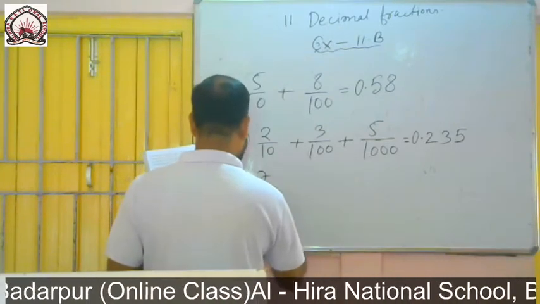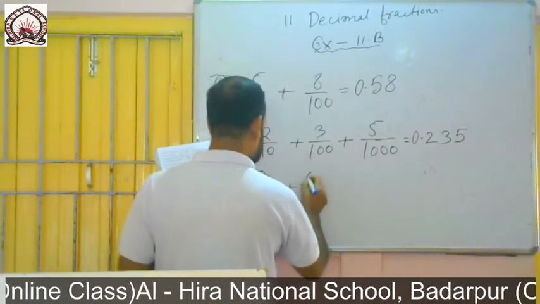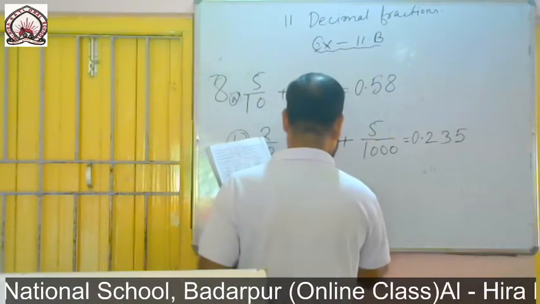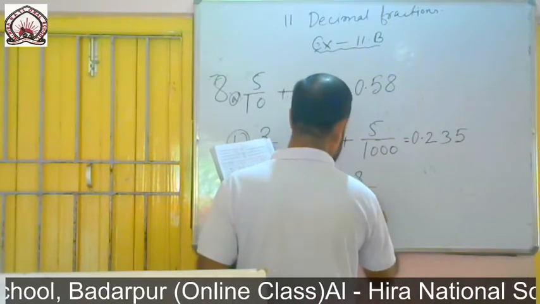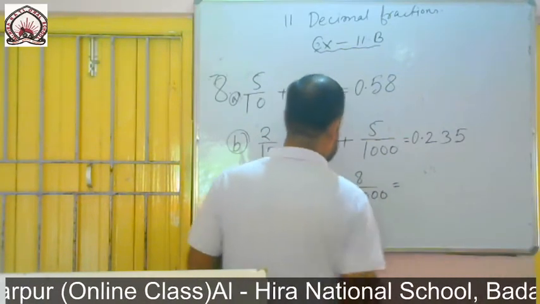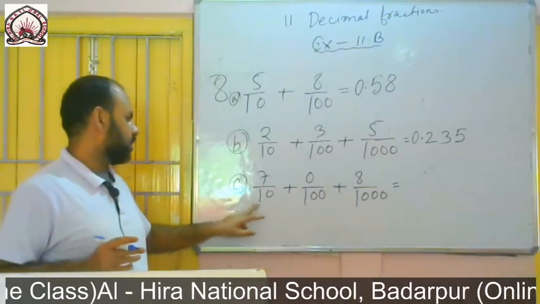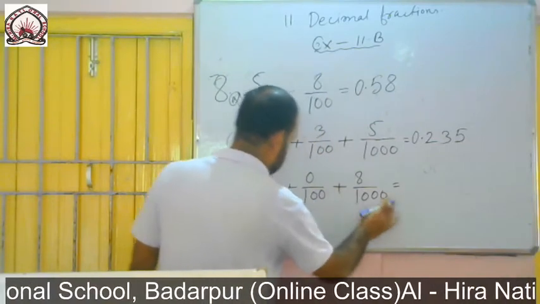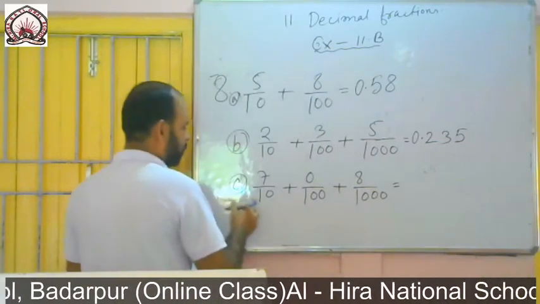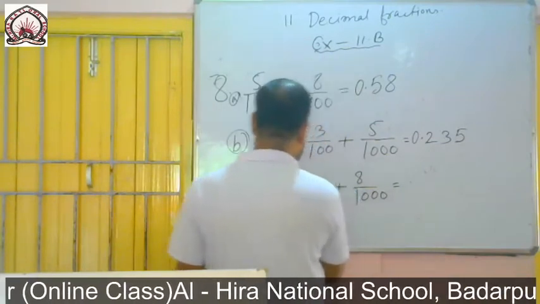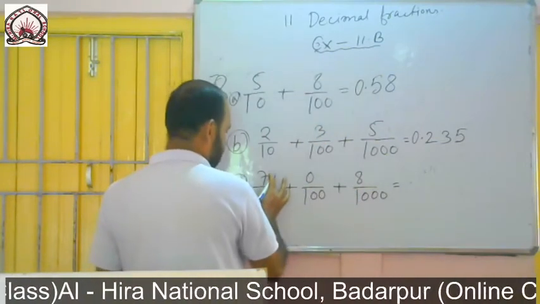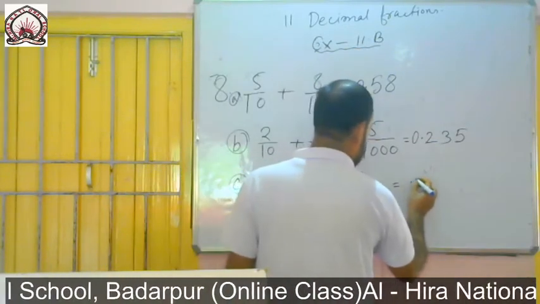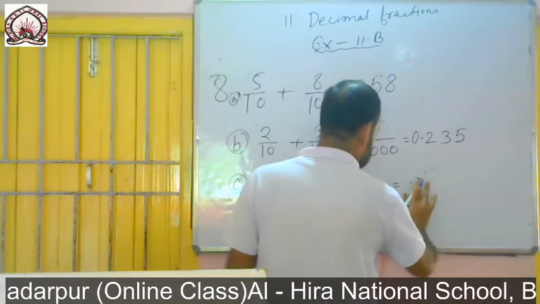Next, question number C. 7 by 10 plus 0 by 100 plus 8 by 1000. Same here also, no integral part is there, no whole number, all are decimal or fractional parts. So first we put the point, because no integral part is there, and then 7 is in the tenths place, right after the point.